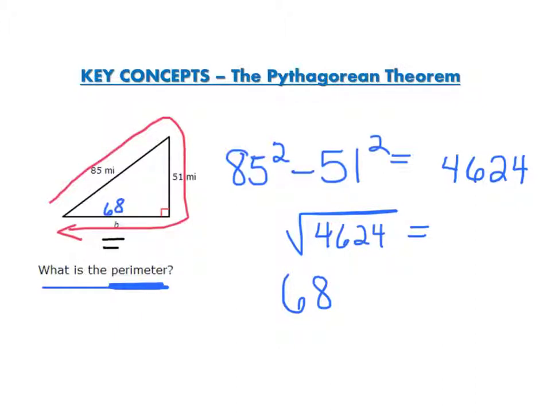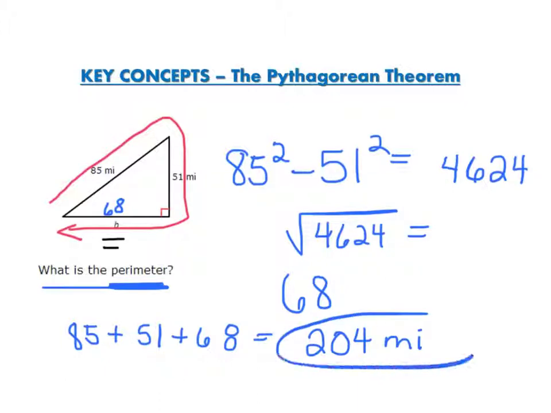So when I add them up, I would add up 85 plus 51 plus 68. And I get 204. So the answer to the question, what is the perimeter? The answer is 204 miles. So be very careful to read your question before you answer it.